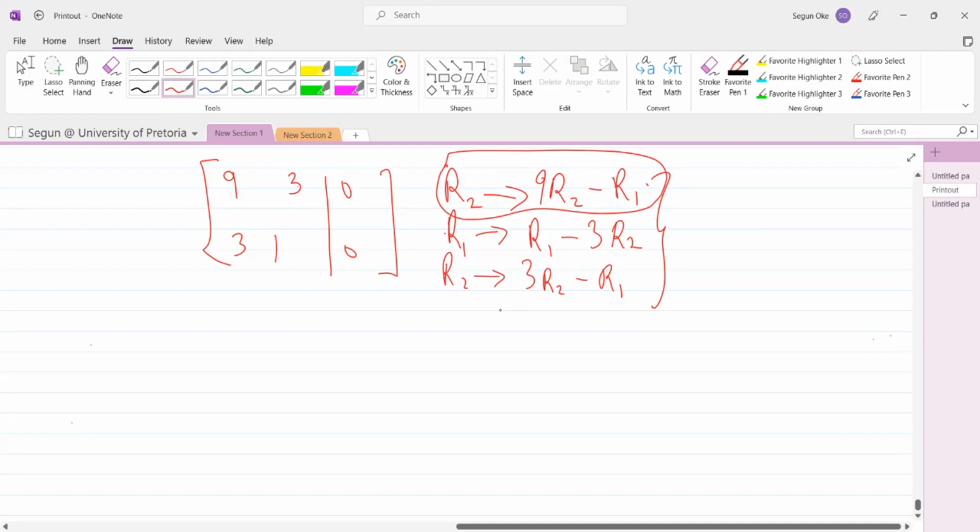If you want to multiply them, just say 3R2. It's not 9R2 again. If you want to make it 9, it's just 3 multiplied by 3, and it will neutralize the first one. You understand? Yes, sir.